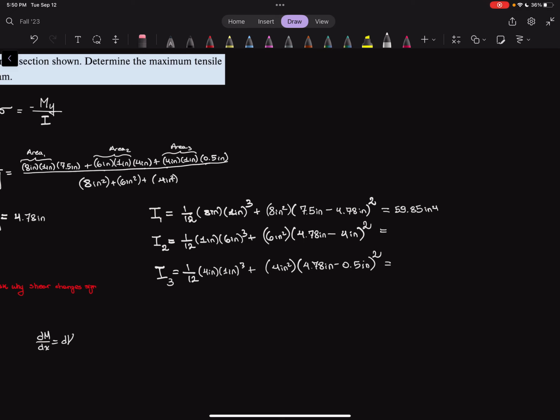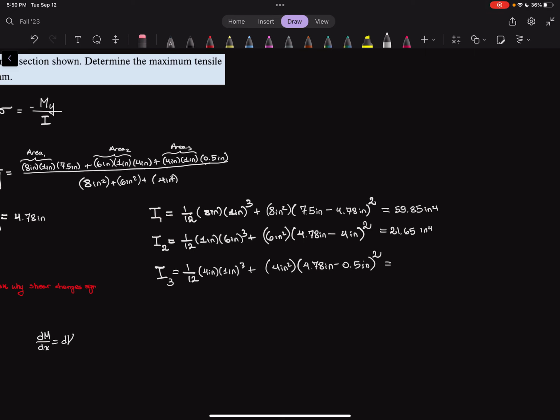Well, let's look at the second one. That's going to be 1 divided by 12 multiplied by 1 times 6 to the third plus 6 times 4.78 minus 4, and all of that needs to be squared. And so we get 21.65 inches to the fourth.